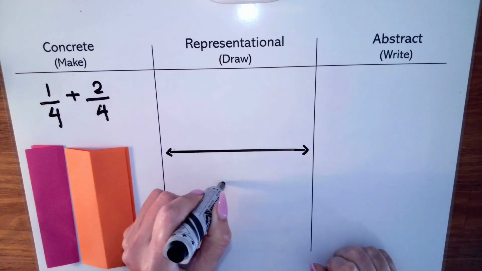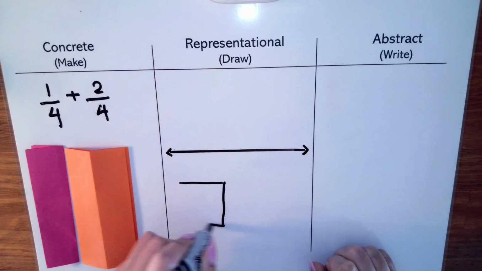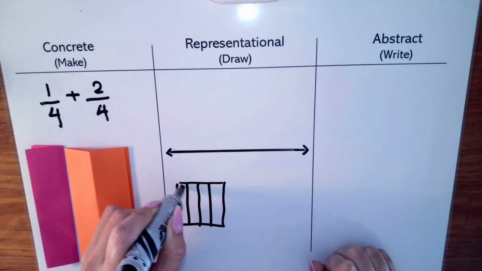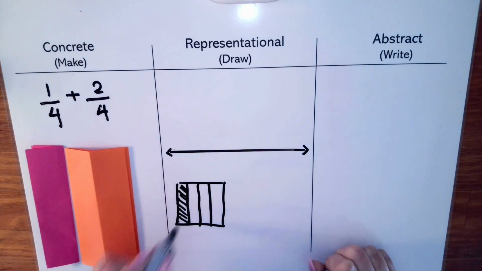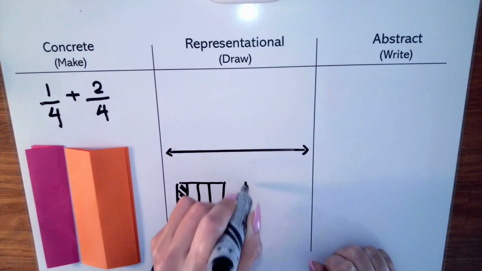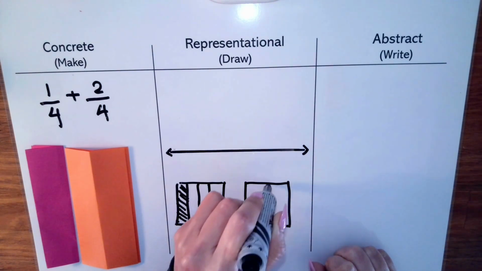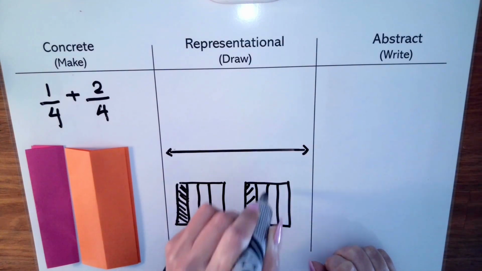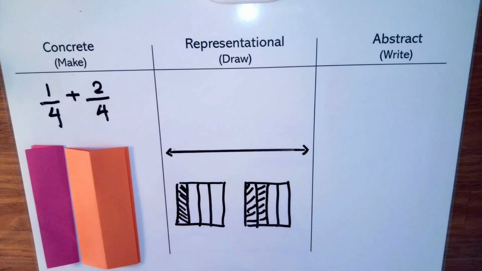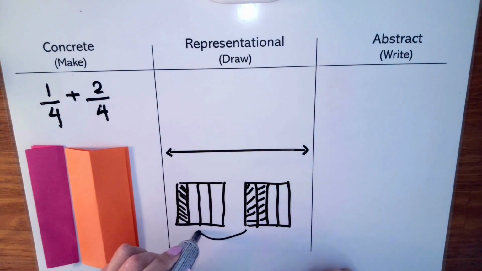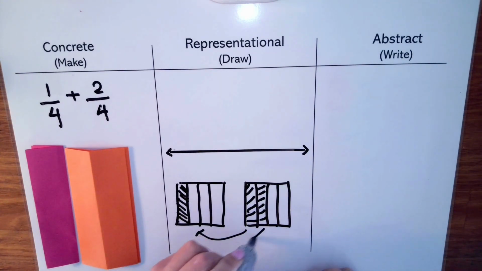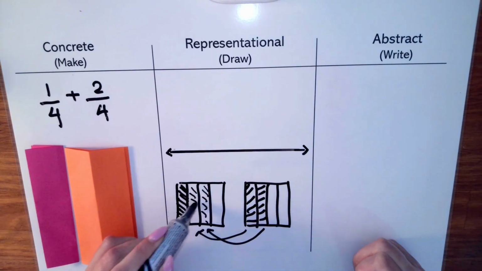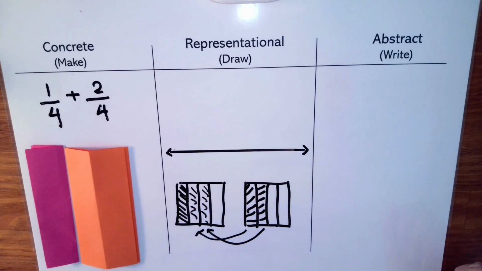So they can say, one piece of paper divided into 4 parts, and this is my 1. And then another piece of paper divided into the same number of parts, this is 2. They can simply draw it again and see that that is 3/4.